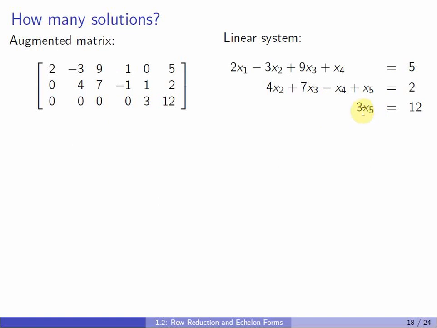We see, for instance, that x sub 5 is forced to equal the number 4, right? But then there's going to be more than one solution here, because if x sub 5 is fixed to be the number 4, that's fine, but then x sub 4 can be any real number, x sub 3 can be any real number, and then x sub 2 will just depend on x sub 3 and x sub 4. Right? So x sub 2 you could say is like a function of x3 and x4, but x3 and x4 are free to be whatever you want.